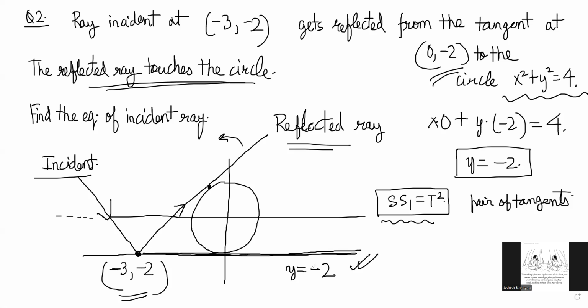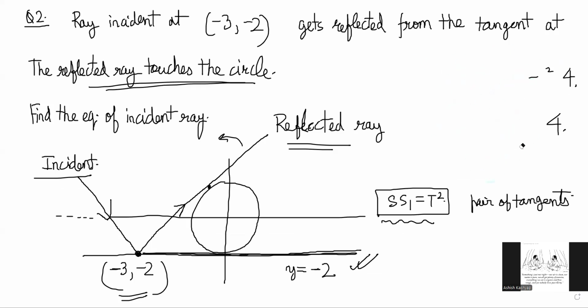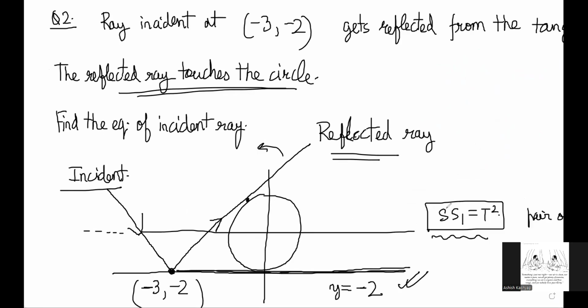So we can then take out the factor of y plus 2 and get the remaining tangent equation. Do you understand what I'm saying? Yes. So if you know the pair equation and one tangent you already know, then the second tangent is obvious, right? So let's use that concept. We don't need to figure out too much here. It's a straightforward idea.